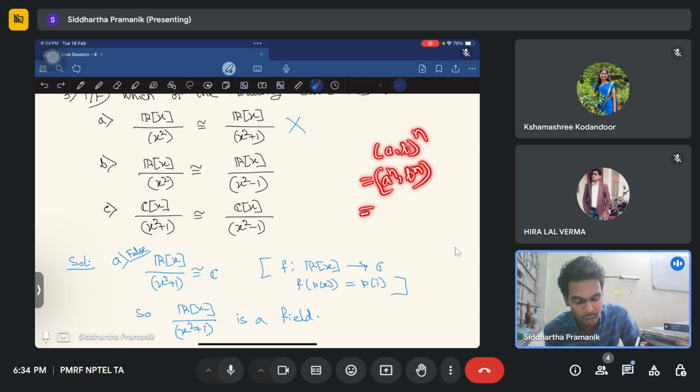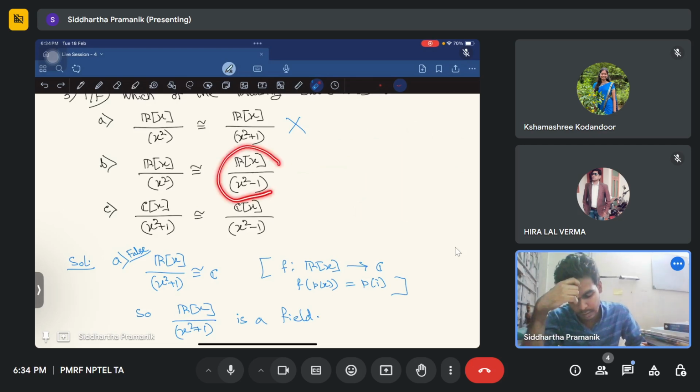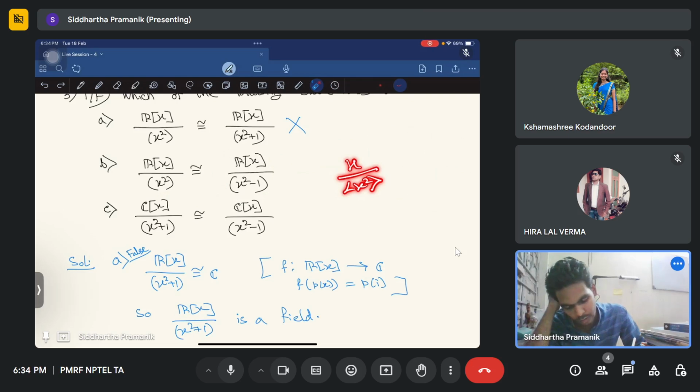If a is non-zero, then a^n is non-zero. So this ring has no non-zero nilpotent element, but this one has a non-zero nilpotent element: take x, and if you square it, you get x square mod x square, that is 0.